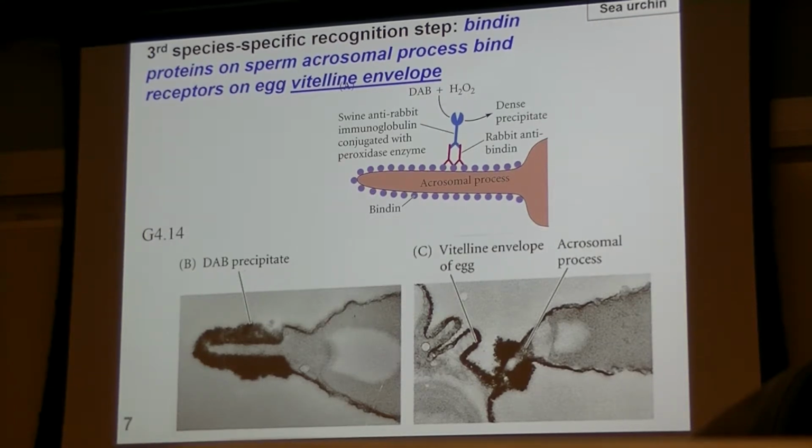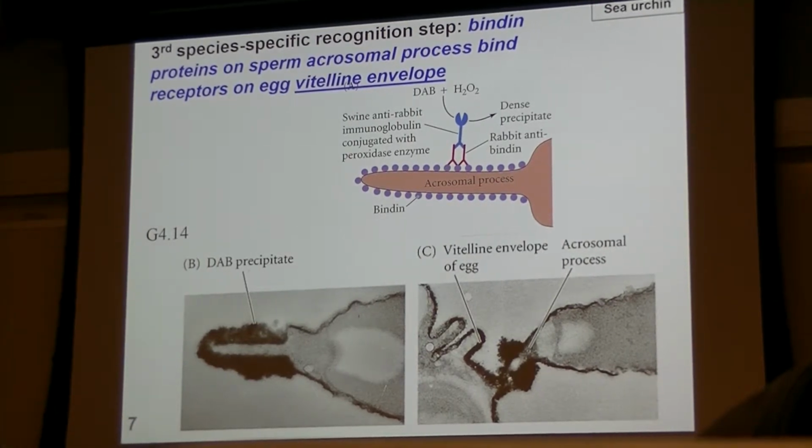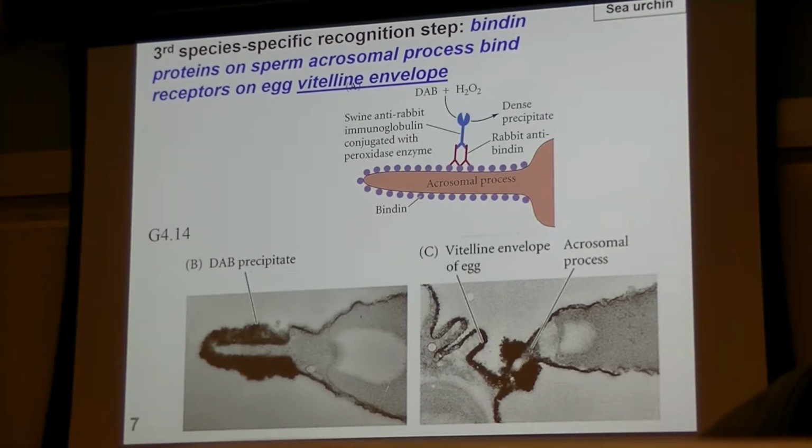So the sperm gets closer and closer to the vitelline envelope. Finally, when it arrives, these binding molecules are present, and they can bind to receptors there on the vitelline envelope. This is another step where species specificity can come into play, and that just aids the process of fertilization for this organism.